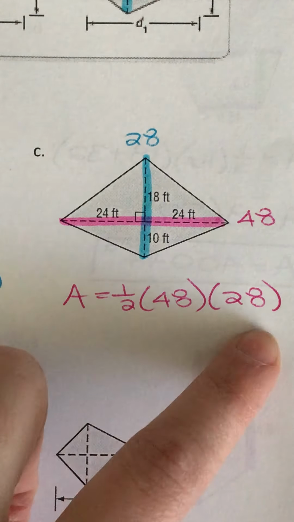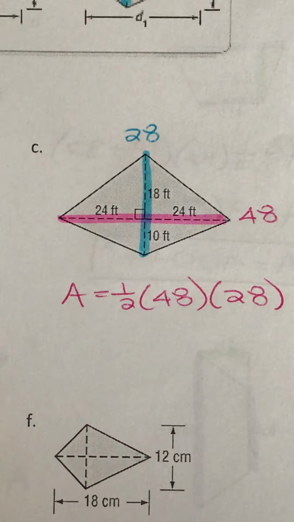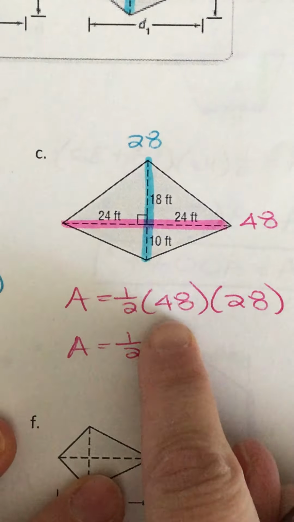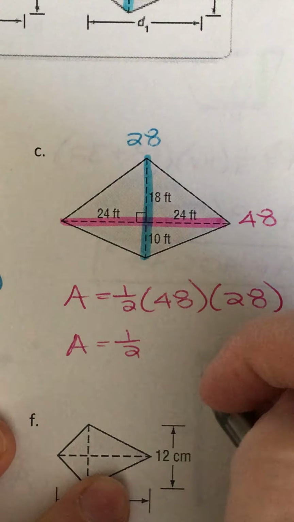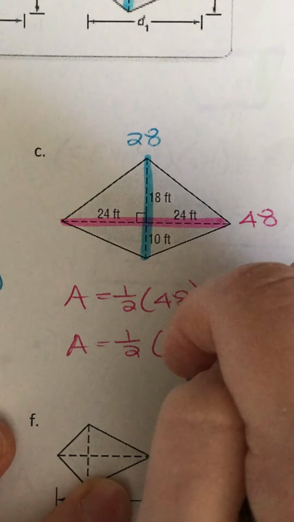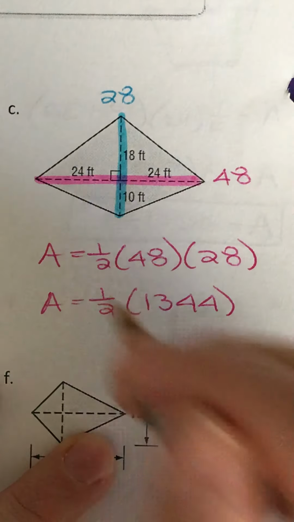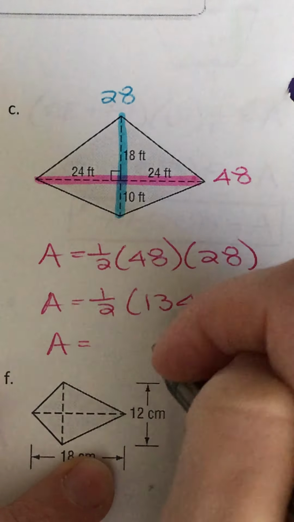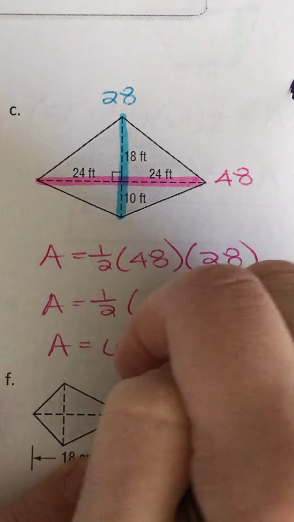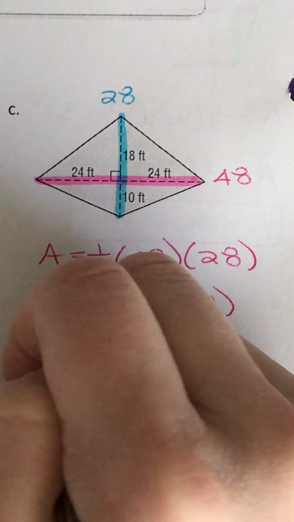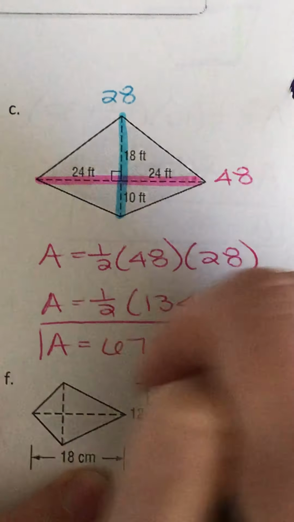And it doesn't matter which one I do first because you're multiplying. I'm going to multiply my two big numbers together. I get 1,344. Divide that in half. 672 feet squared.